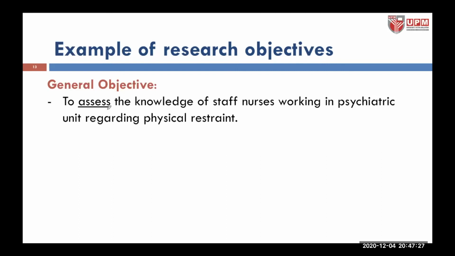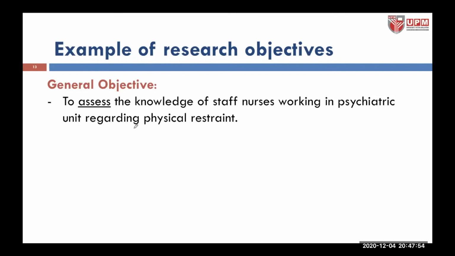To assess, of course, you want to investigate what happened in the level of knowledge of staff nurses, right? And then they are working in a hospital or in a clinic, in what unit, what department? Psychiatric unit.